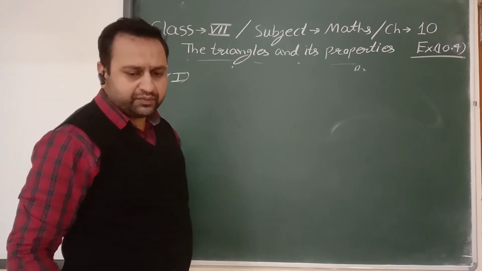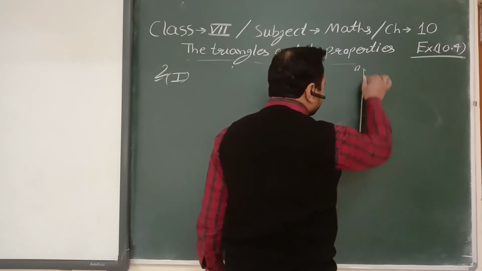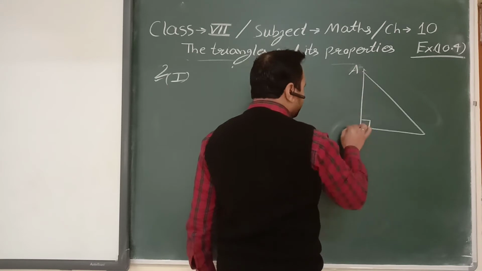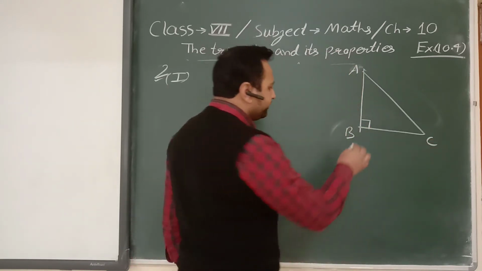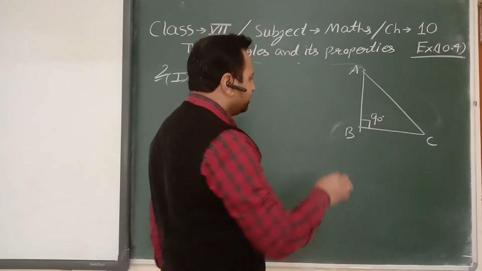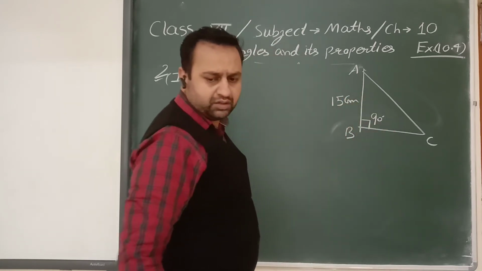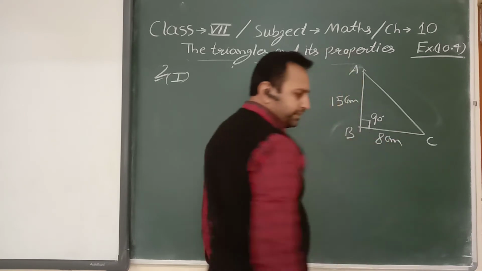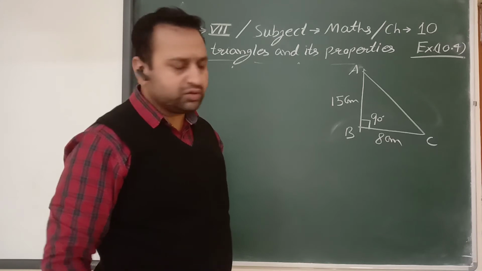In the first part, triangle ABC is given in which angle B is 90 degrees, AB is 15 centimeter, and BC is 8 centimeter. And in the following triangle, find the length of the unknown side.